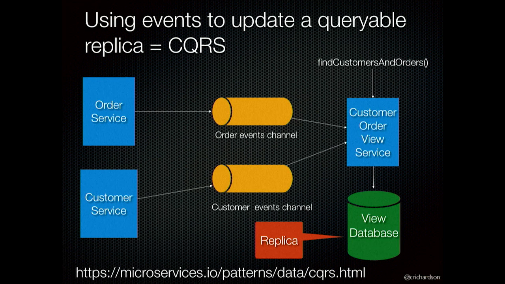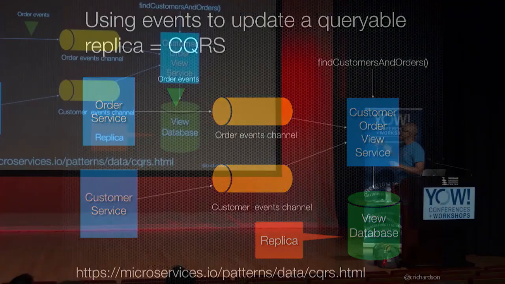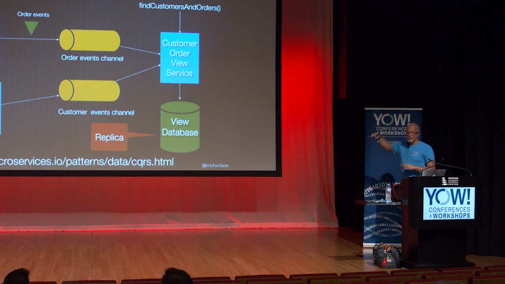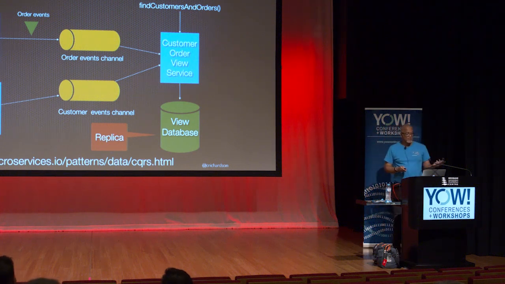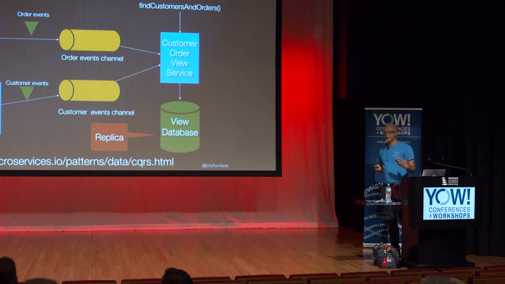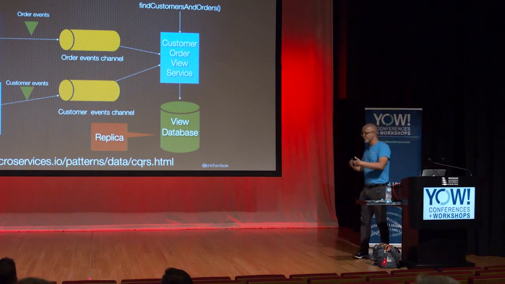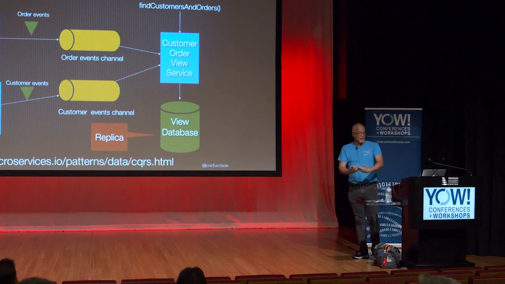And what makes it interesting is that the view is kept up to date by subscribing to events that are being published by the order service, or by the services that own the data. So in this example, the customer order view service subscribes to events from the order service and subscribes to events from the customer service. And when it receives those events, it's updating its replica.